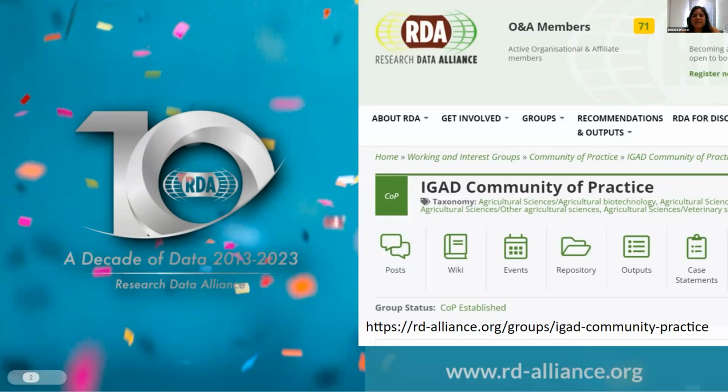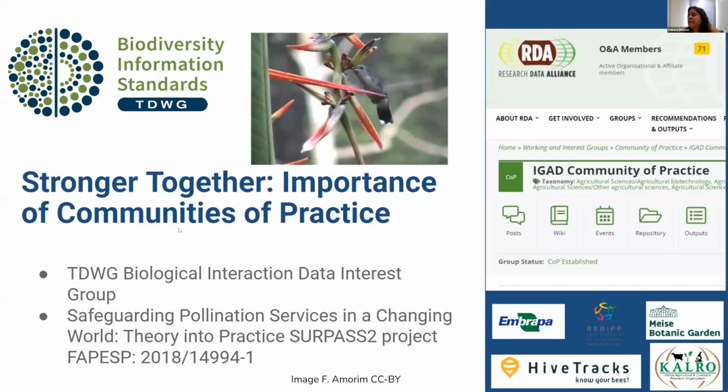So we, as a community, gather several initiatives, and we realized there was a huge interest in plant pollination data worldwide. So to name a few, we have the Biodiversity Information Standards, the CADWIC community, and there is a biological interaction data interest group, and pollination is one kind of interaction.